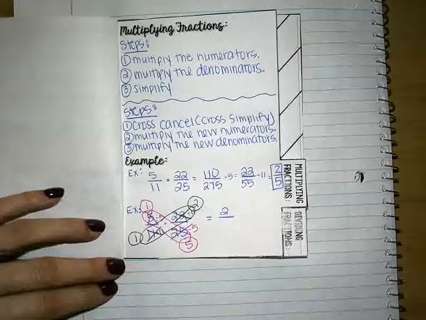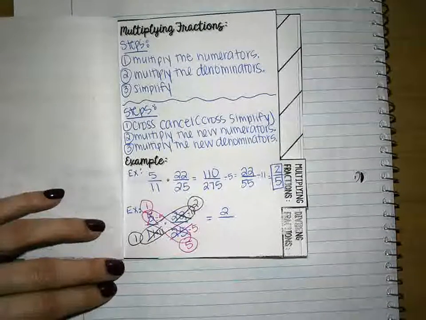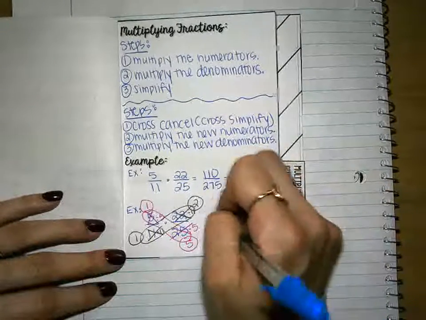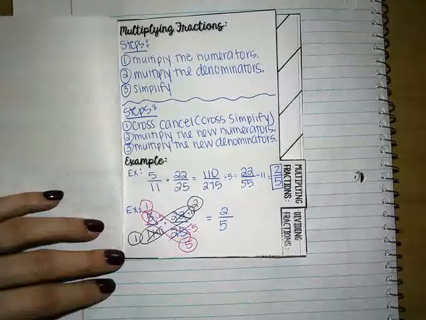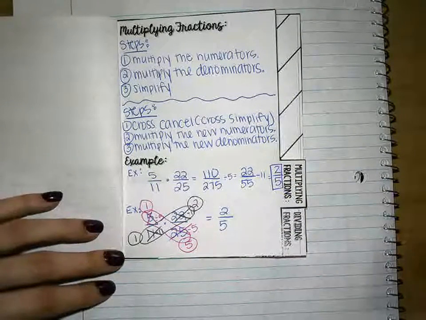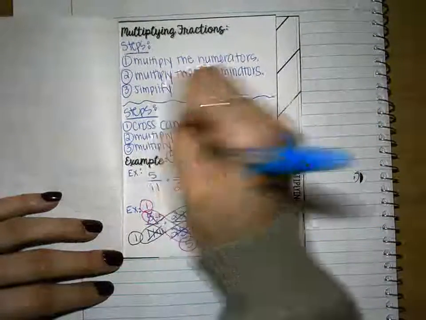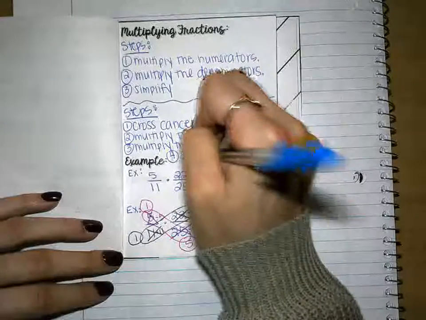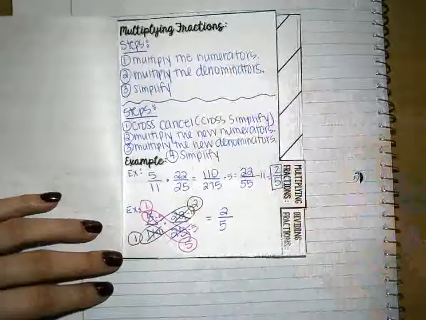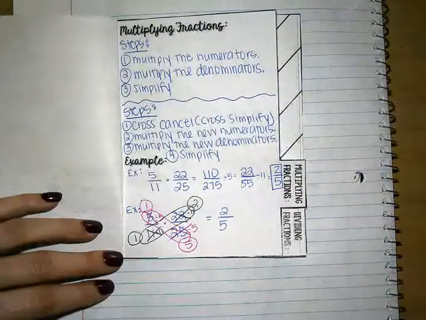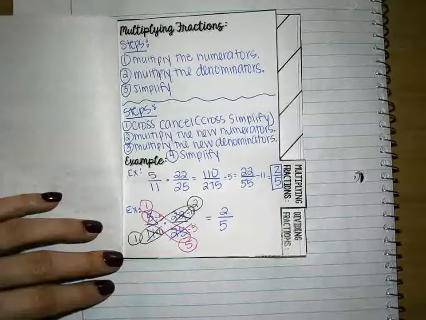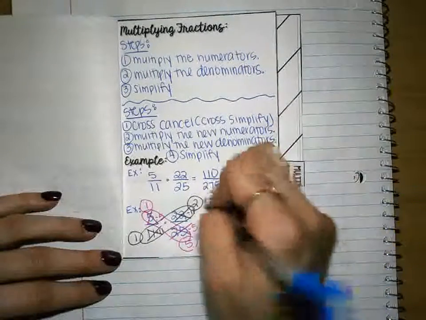What are my new denominators, everyone? 1 and 5. And what's 1 times 5? 5. And what's always our final step? Step 4, simplify. Can I simplify 2/5?